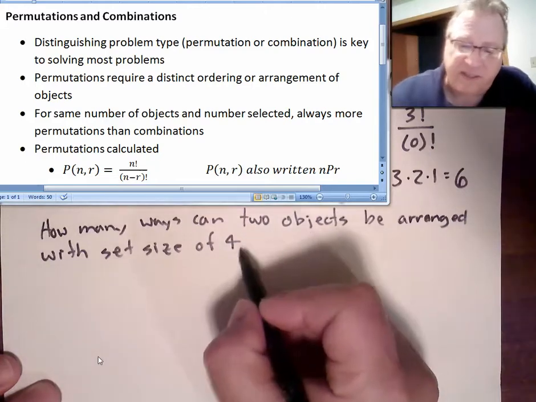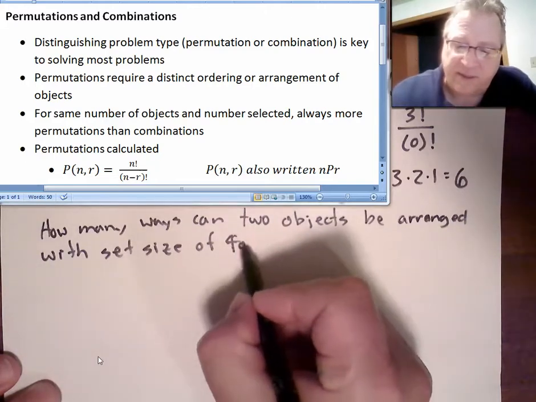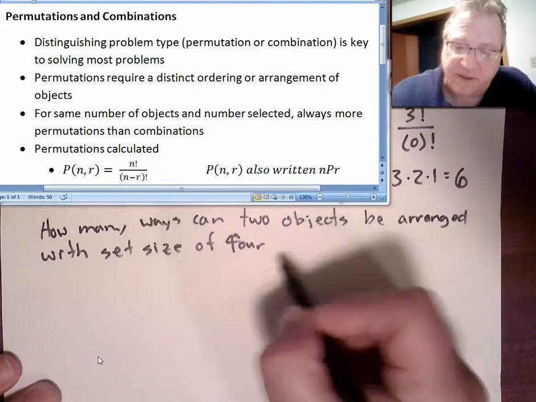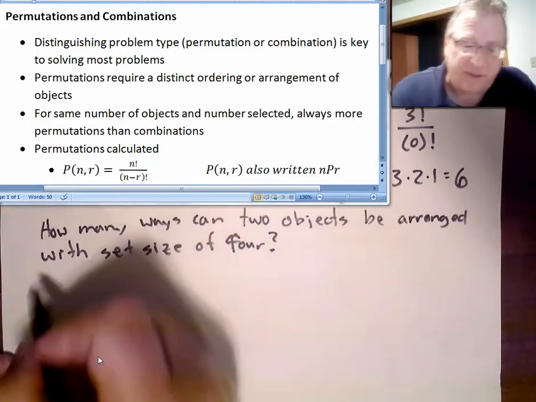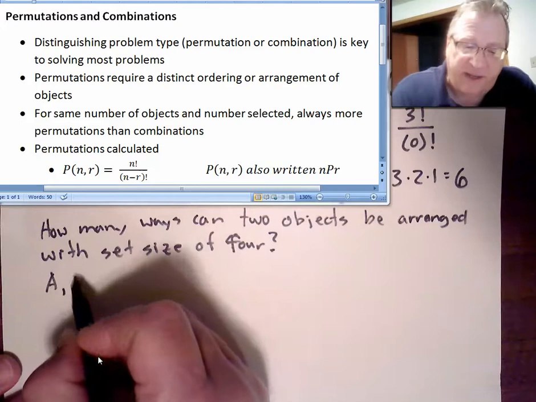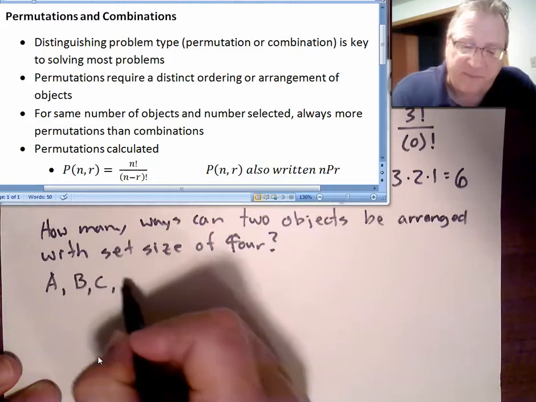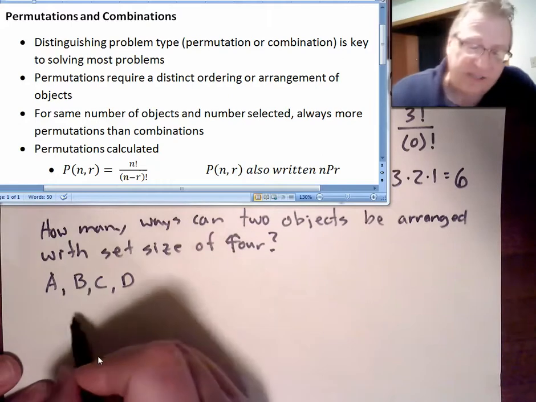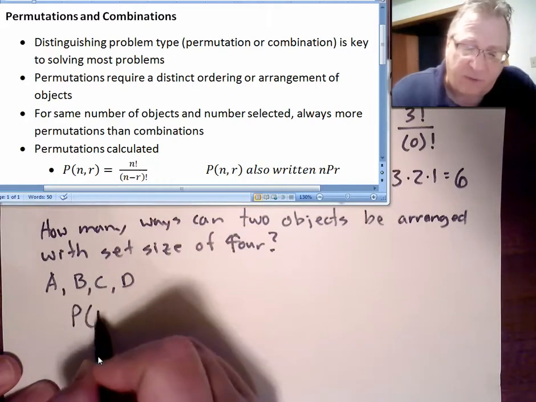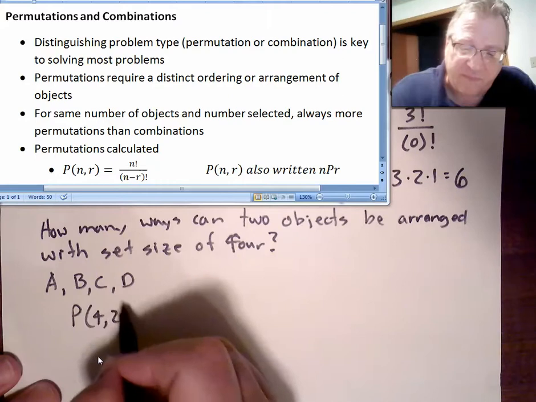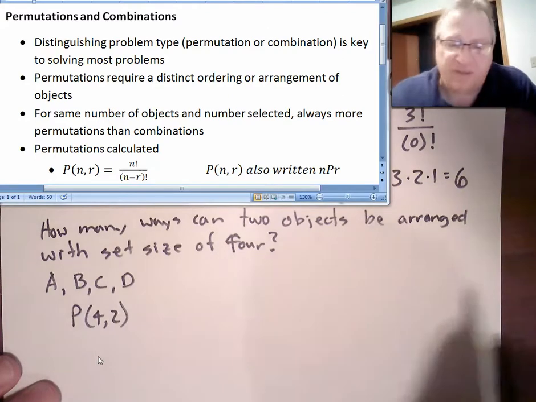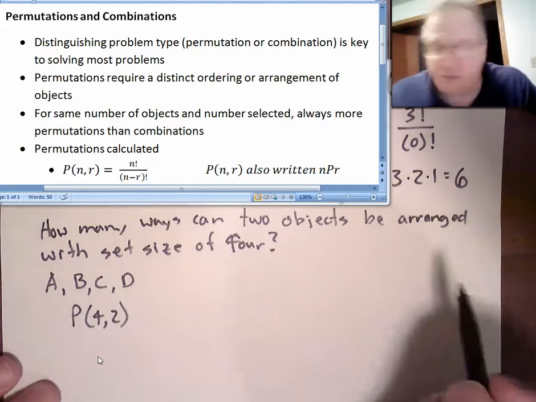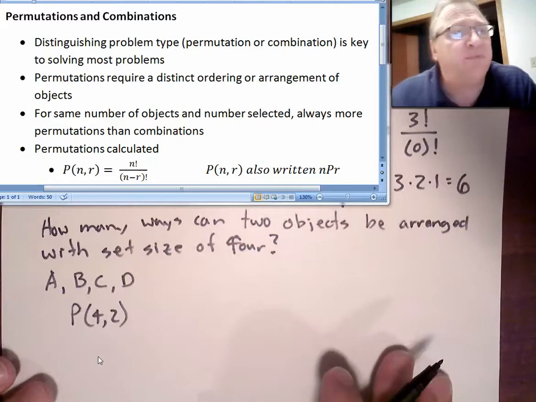So in this case, let's write it out. 4, question mark. Let's say we have A, B, C, and D. And what we want to do is, from our set of 4, select 2 objects. Now, do we have a permutation problem or a combination problem?